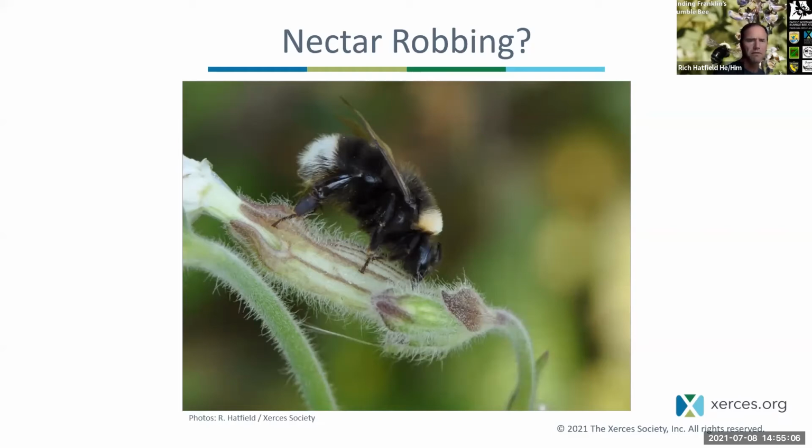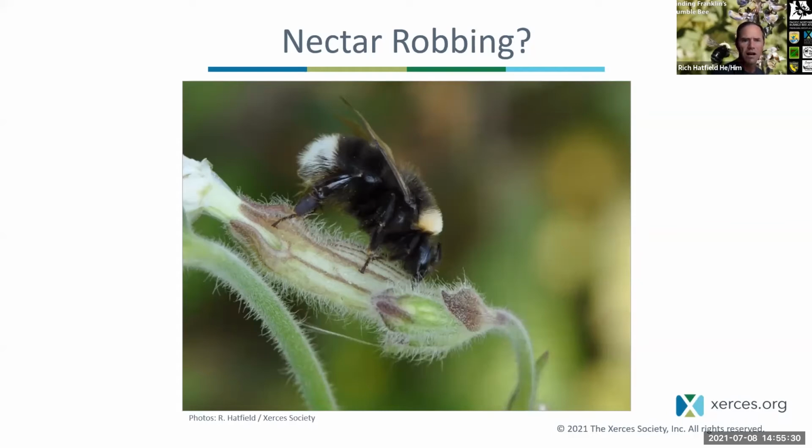I came across this a few years ago, and this individual bee and several like it were, instead of visiting the flower from the front, how we would normally expect a bee to visit a flower, chewing a hole using their mandibles in the side of the corolla tube and then sticking their whole face down into that flower to drink nectar out of it.